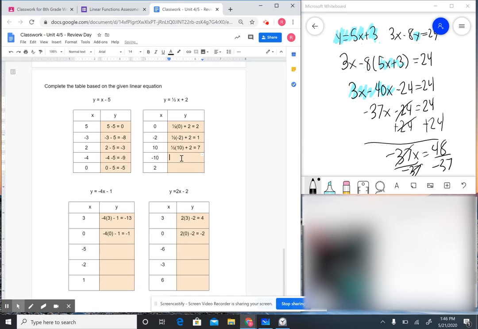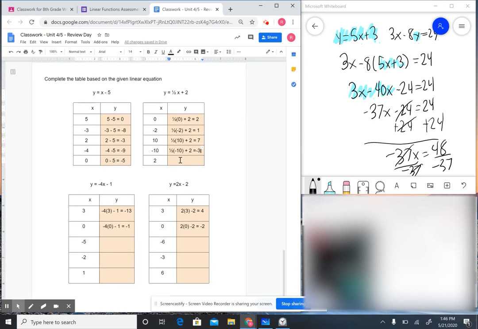I'm going to do half of negative 10, and you're going to add 2. So half of negative 10 would be negative 5 this time, plus 2 would be negative 3. And then for the last one, you're taking half of 2, and you're going to add 2. So half of 2 would be 1. You add 2, and you get positive 3.